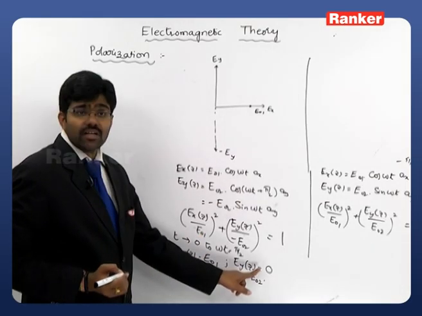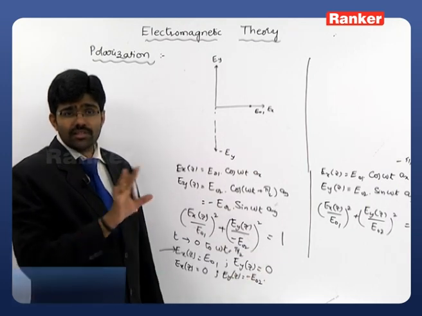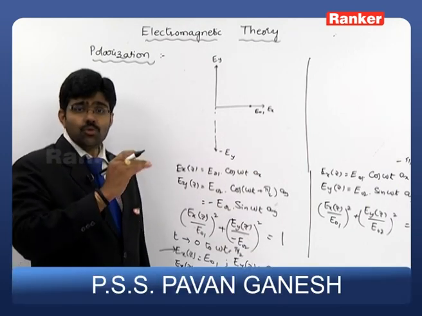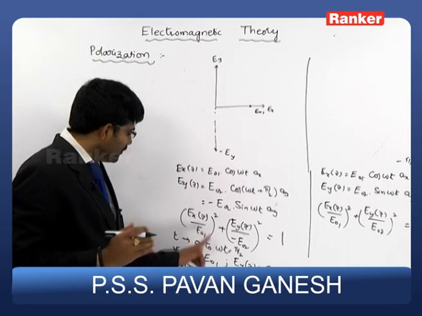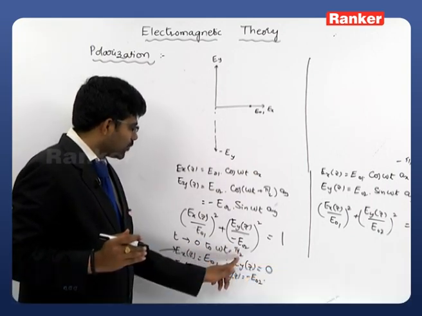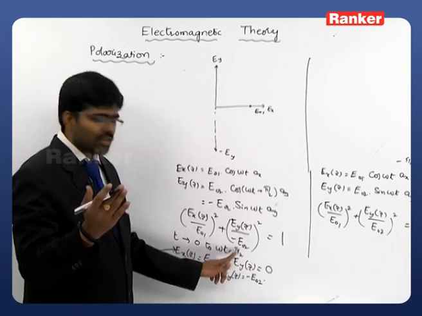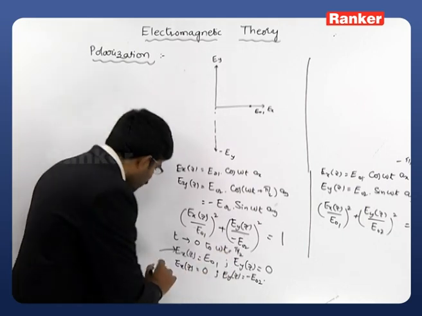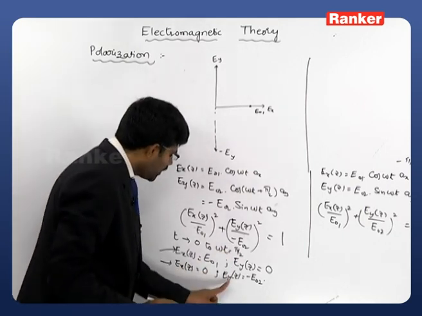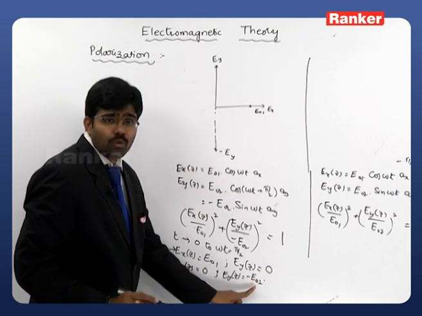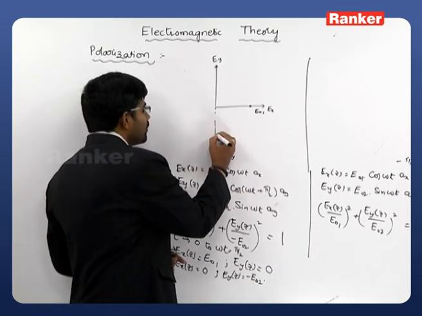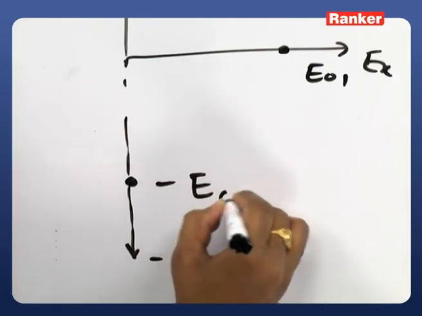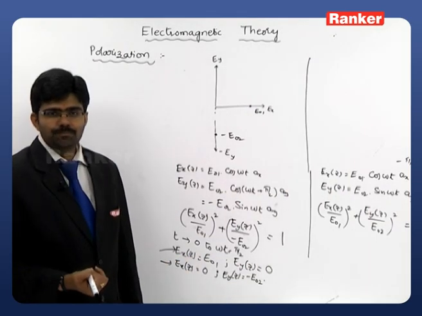There is no Ey of z at time t equals 0, so no need to represent it. Now the time is going on, and we substitute omega t equals pi by 2. At that time, what is the electric field? The electric field is only on Ey, with a negative value, somewhere here minus E naught 2 we are supposed to represent.